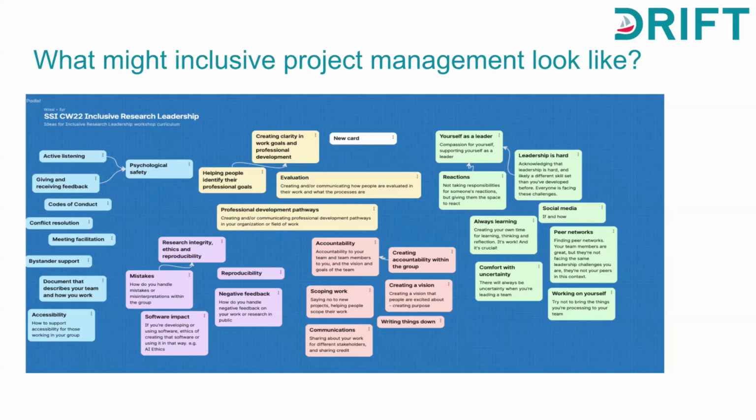And there's all the different sorts of things from building teams that have a high degree of trust, to being an inclusive leader, to understanding how you manage accountability and transparency. And I think this is a great stepping stone towards what a project management curriculum for research software might look like.